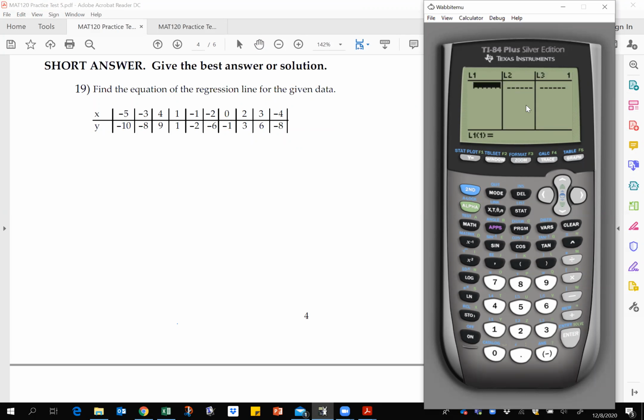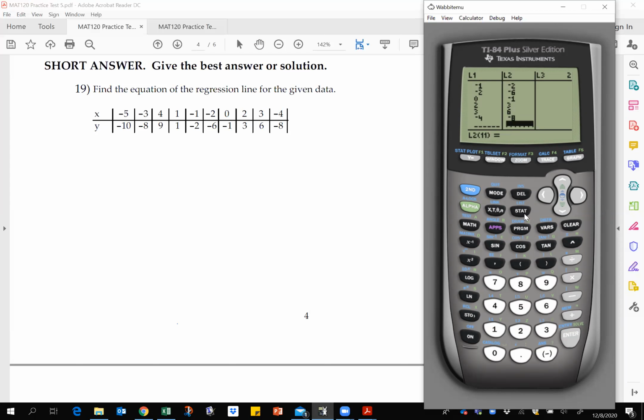The Y values will go in list L2. So we want to go ahead and get them all entered.